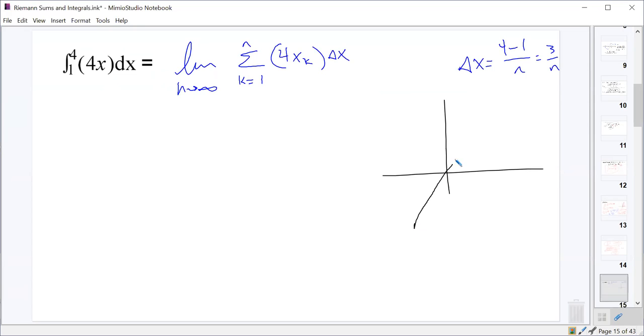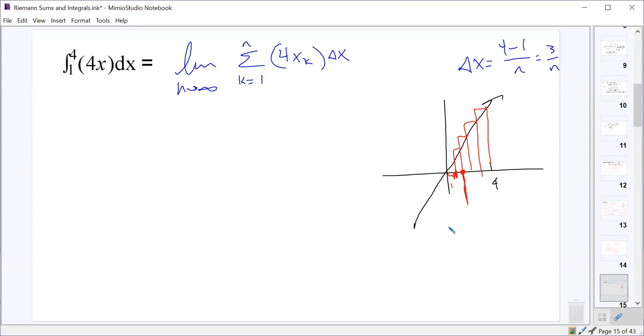We're doing 4x from 1 to 4. And I draw my rectangles in here. Doesn't matter how many I draw in. To get to the height of the first rectangle, that'd be right here, right? What's the x value right here? Well, it's however far over where our interval started, which is what? 1 unit between here and here.